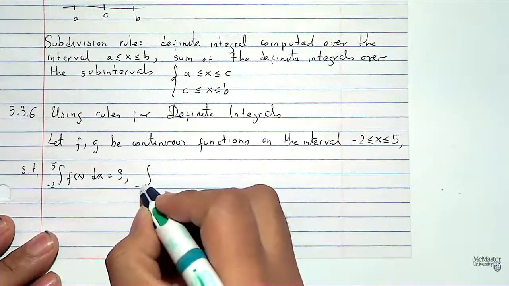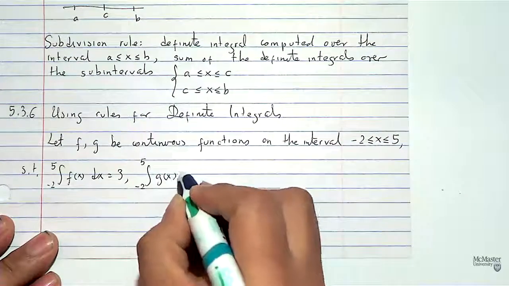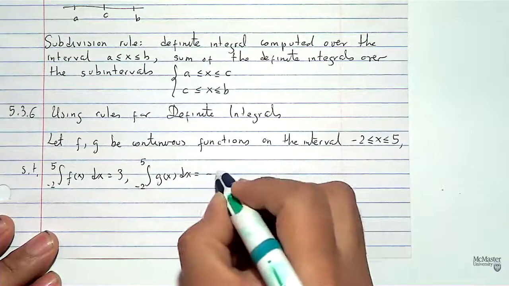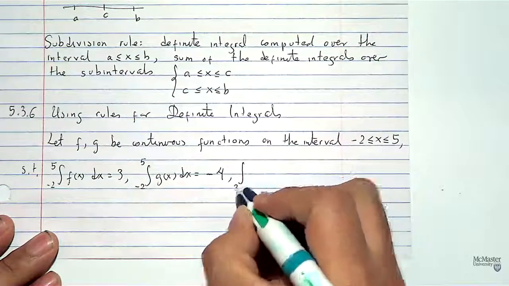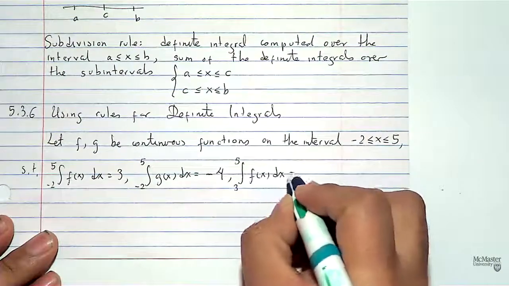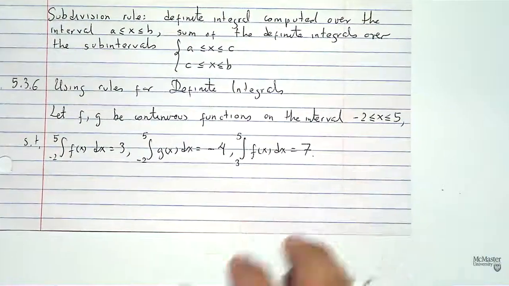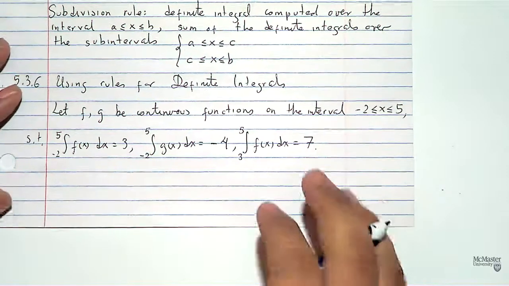The integral from -2 to 5 of g of x dx is equal to -4. And the integral from 3 to 5 of x dx is equal to 0. So yeah, this is a nice example actually, because the only thing that you need are the integral values to obtain the following quantities.